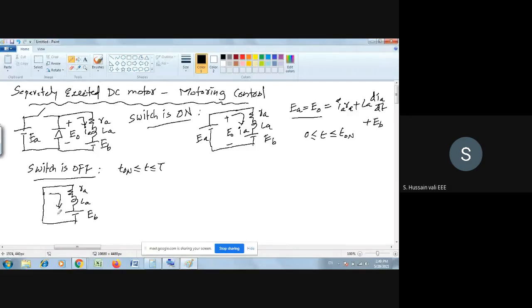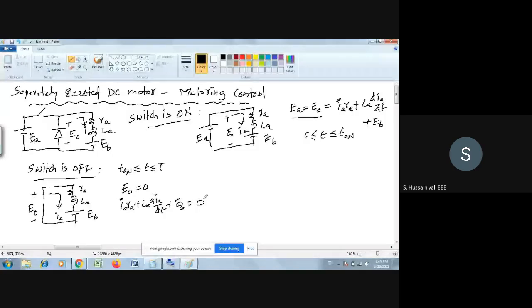So E naught is equal to 0 because the diode is forward biased. What is the KVL equation you will get here? The KVL equation is IA RA plus LA dIA by dt plus EB is equal to 0.